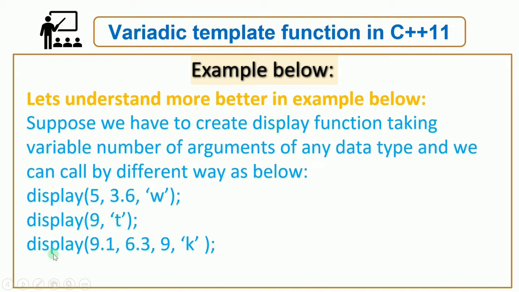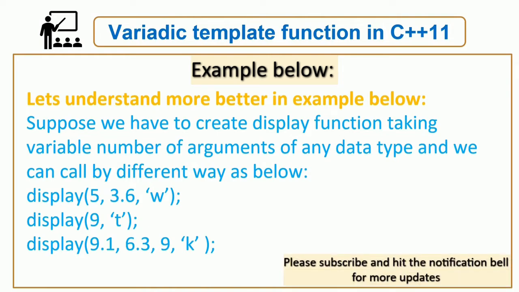Or you can call that function, that is display, and pass a double, again an integer, again a character, that is 4 arguments. So why can you call it in different ways? Because the function display, you have defined in such a way that it is a Variadic template function. We have already seen its definition. It accepts a variable number of arguments, any number of arguments, and it can be of any data type.